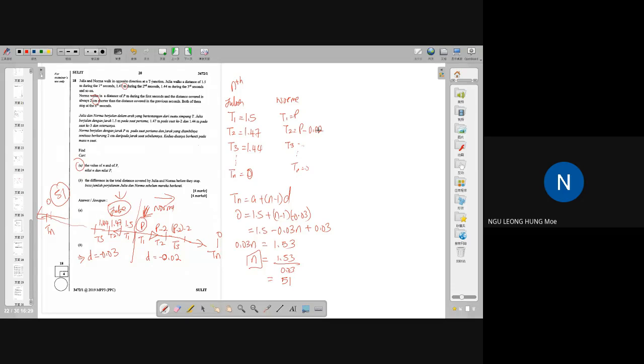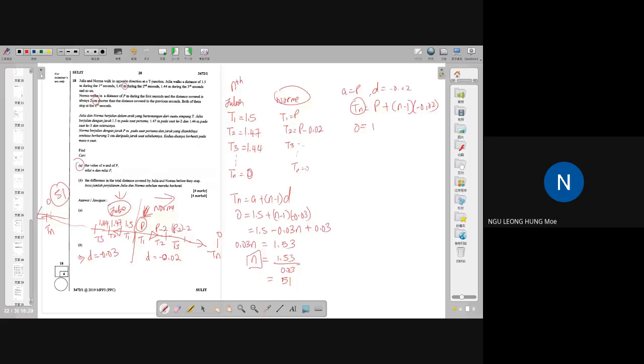So kita gunakan n sama dengan 51. Kita nak cari value of P. So untuk Norma a equal to P, d equal to negative 0.02. So Tn equal to P plus n minus 1, negative 0.02. So Tn pun kosong sebab dia pun nak berhenti. So P plus 51 minus 1 negative. Okay, so P plus 50 minus this one, how much, Ivy?